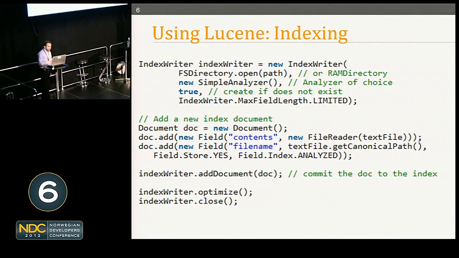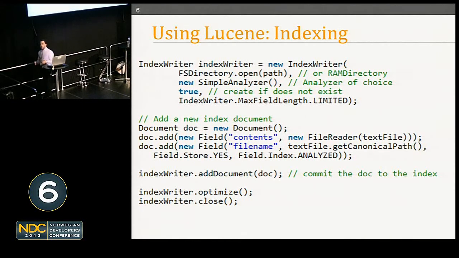Yeah, and this is a code sample for indexing. This actual code sample is in Java, but it's almost the same as the .NET version. It is also a bit outdated, but never mind. So we have the writer here. I'm creating a new writer. I'm giving it a directory implementation.